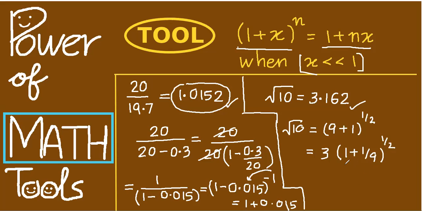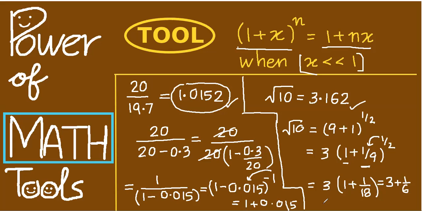Now you can say, 1 by 9 is quite less than 1. You can safely ignore it and bring this half inside. So you will get 3 outside the bracket, 1 plus 1 by 18. Now you take 3 inside. So you will get 3 plus 1 by 6.